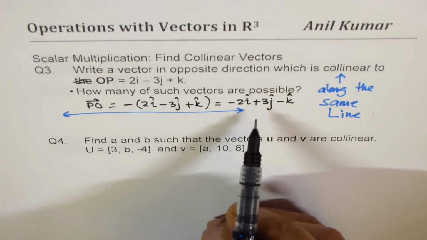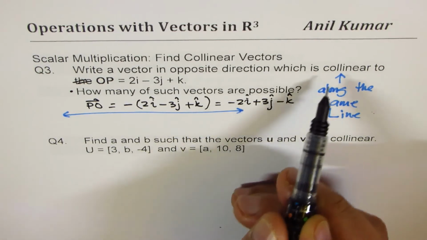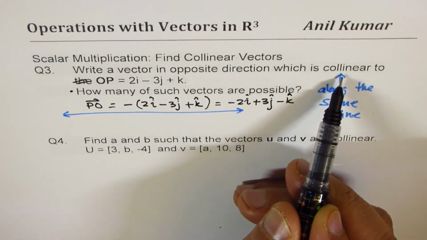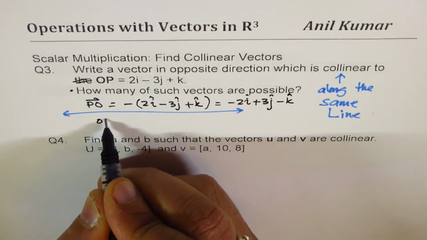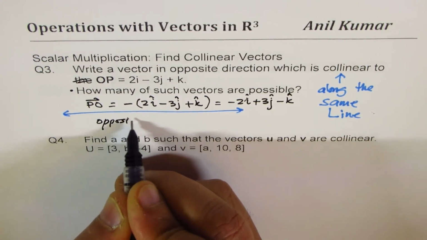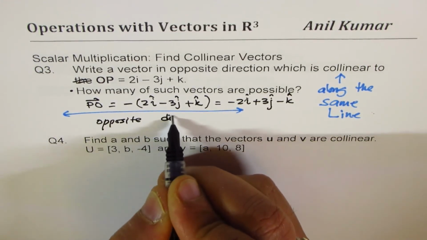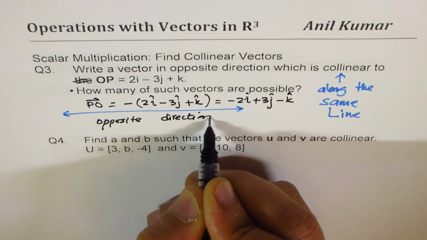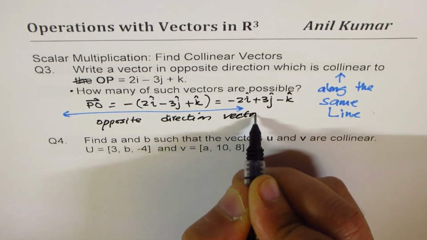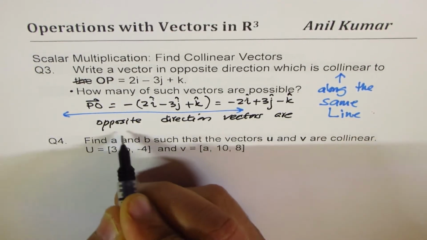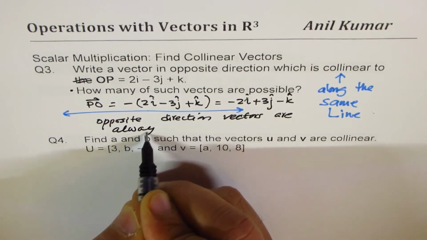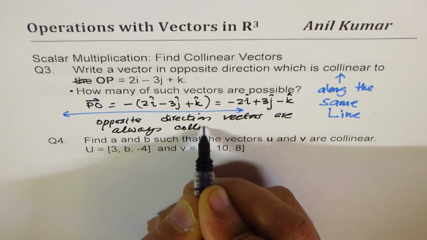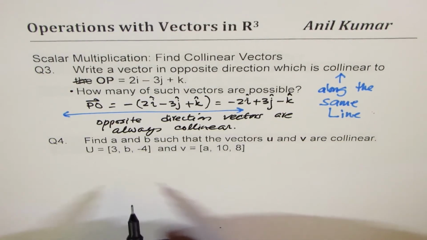Is it okay? And opposite direction vectors are always collinear. Important to understand, right? So let me write it down. So I hope that's clear.